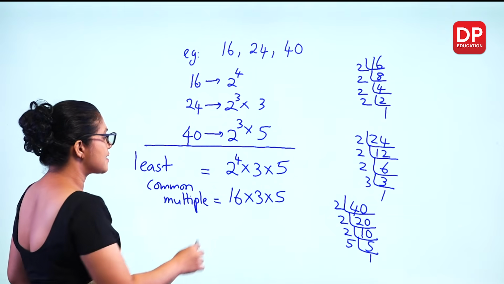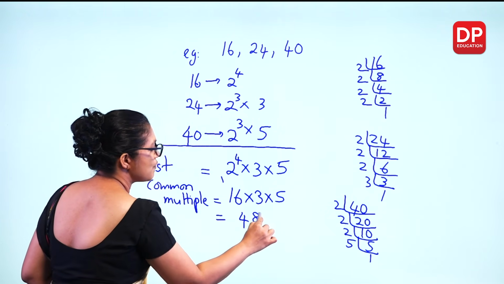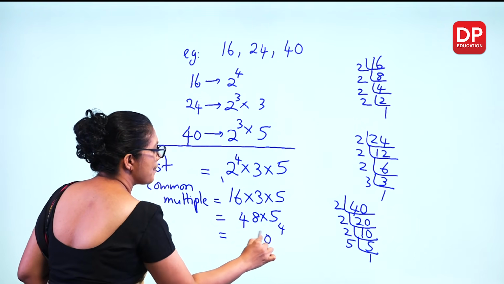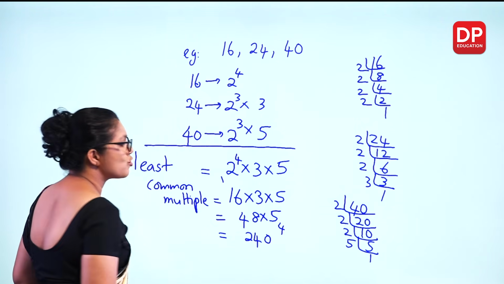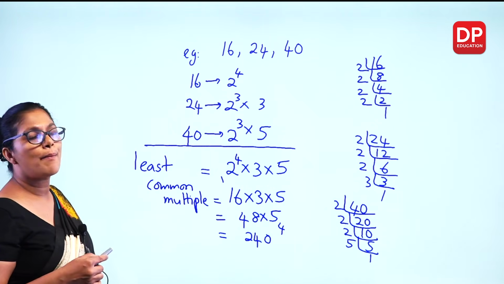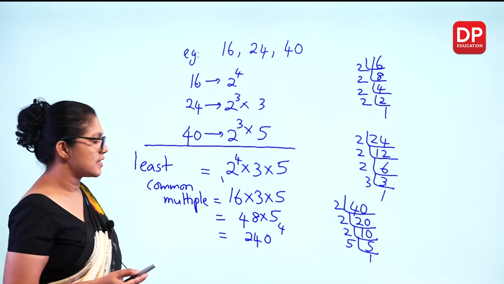What is 16 times 3? 48. 48 times 5? 240. 240 is the least common multiple of 16, 24 and 40.